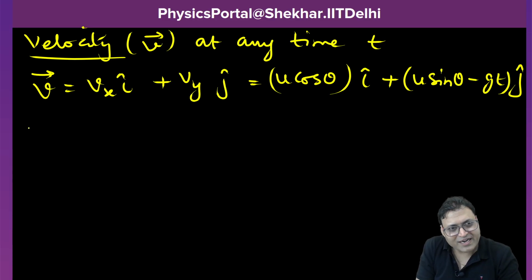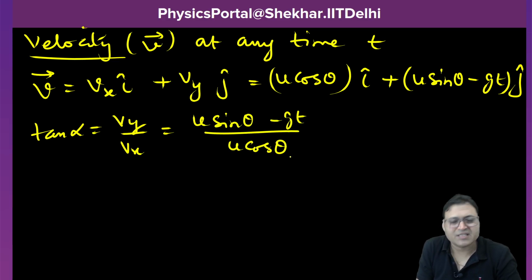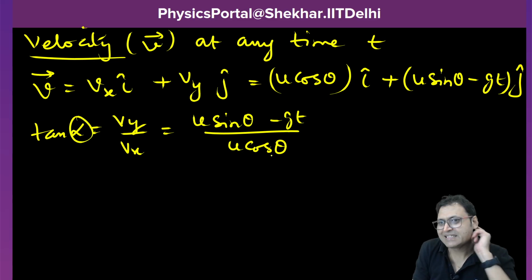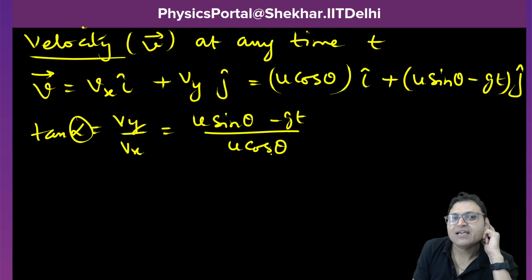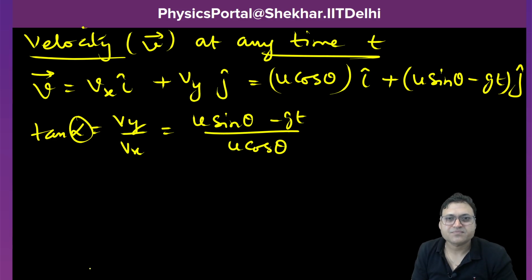We can also find the angle: tan alpha is equal to Vy by Vx, that is u sin theta minus gt upon u cos theta. Alpha is the angle made by the velocity with the horizontal at any time t.